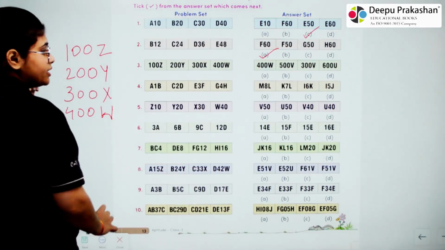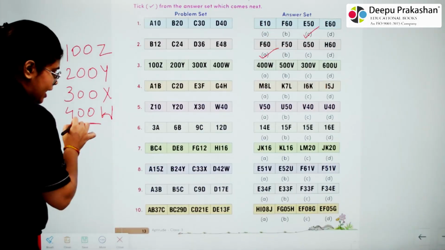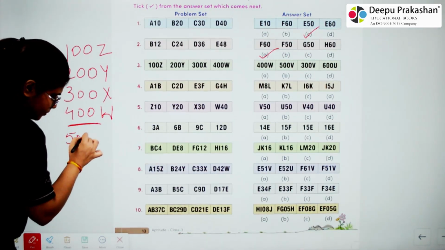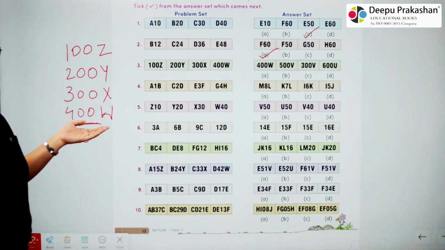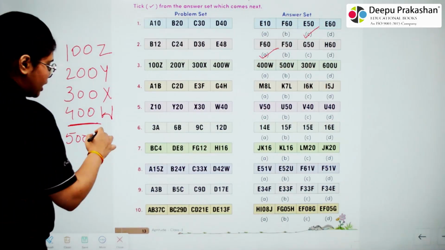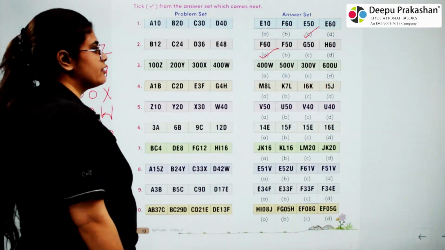To find the next number after 400W, we need to add 100 to 400, that is 500. And for the alphabet, we have to see what comes before W, that is V. So our answer for this one is 500V.